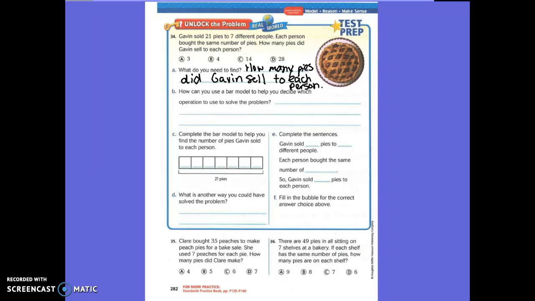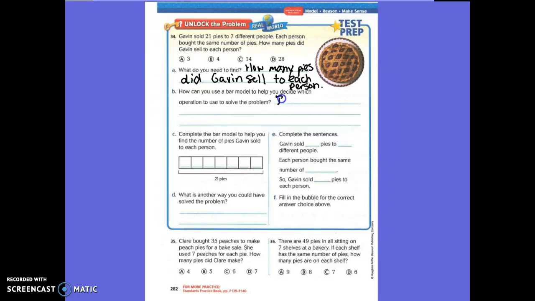So we're going to do a bar model, but what's our bar model going to look like? They already have it on there, so you kind of already know what it looks like. It has a whole bunch of tiny squares. Okay, but you have to tell how many with this problem. It has 7, because that's how many people.